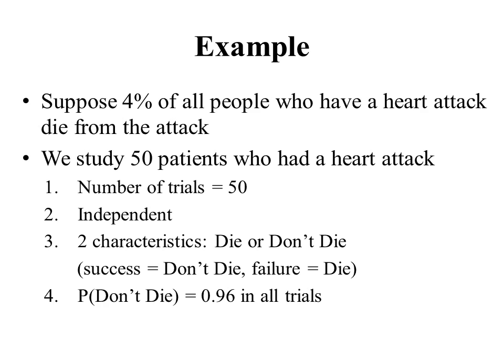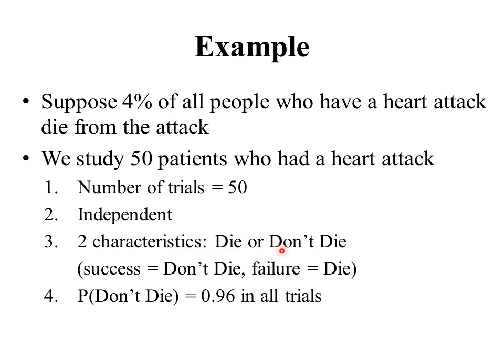Another example, suppose that 4% of all people who have a heart attack die from the heart attack. And suppose that we study 50 patients who had a heart attack. So we can think of each person as a trial. So we have 50 trials. They're independent in the sense that what happens to one person has no effect on any other. Each trial has only two characteristics.